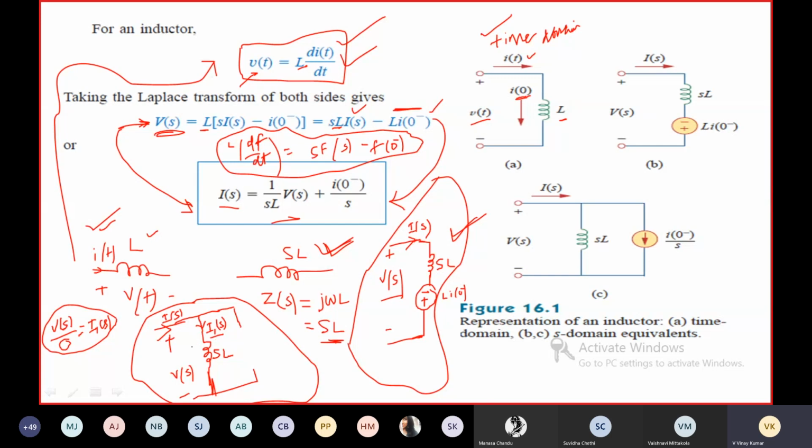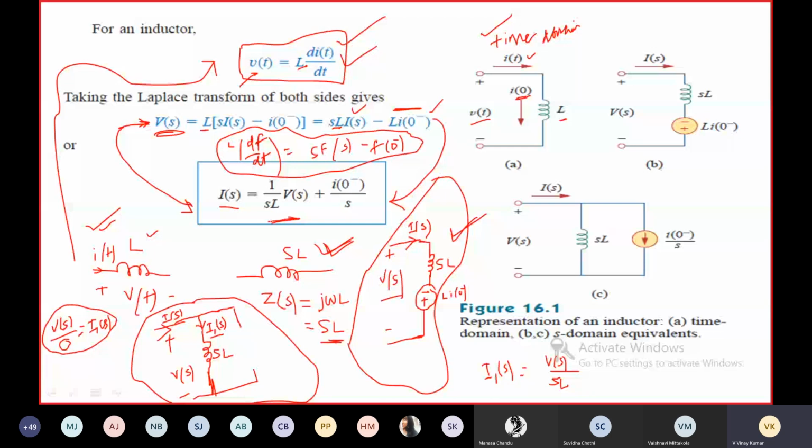I1 of S is equal to the voltage across this element, V of S, by impedance. V of S by what is the impedance? SL. Now you check whether it is correct or not. So it's correct.